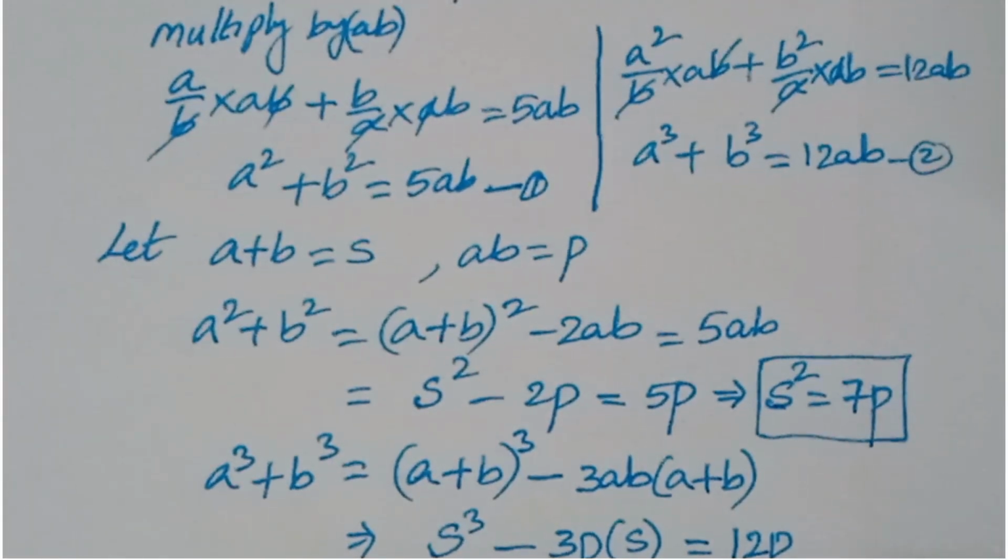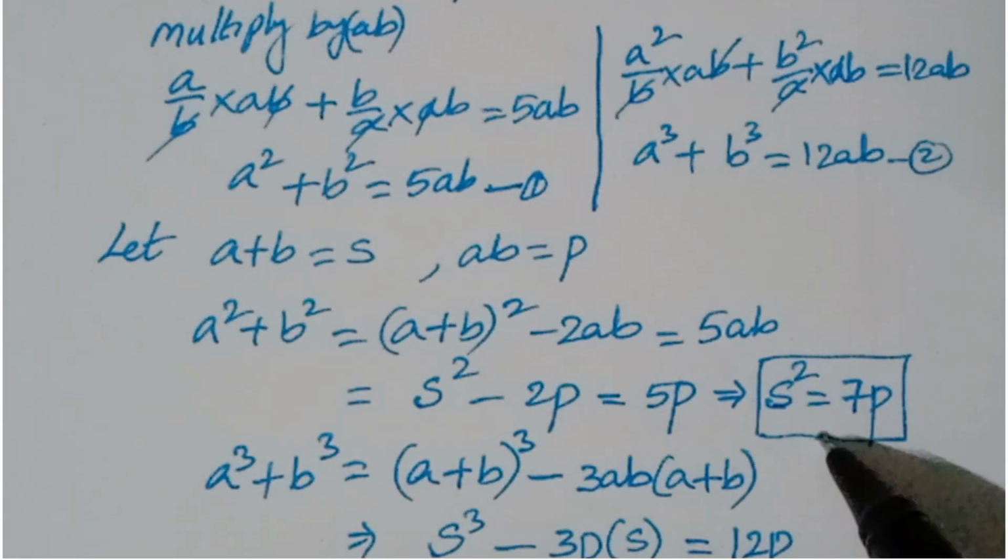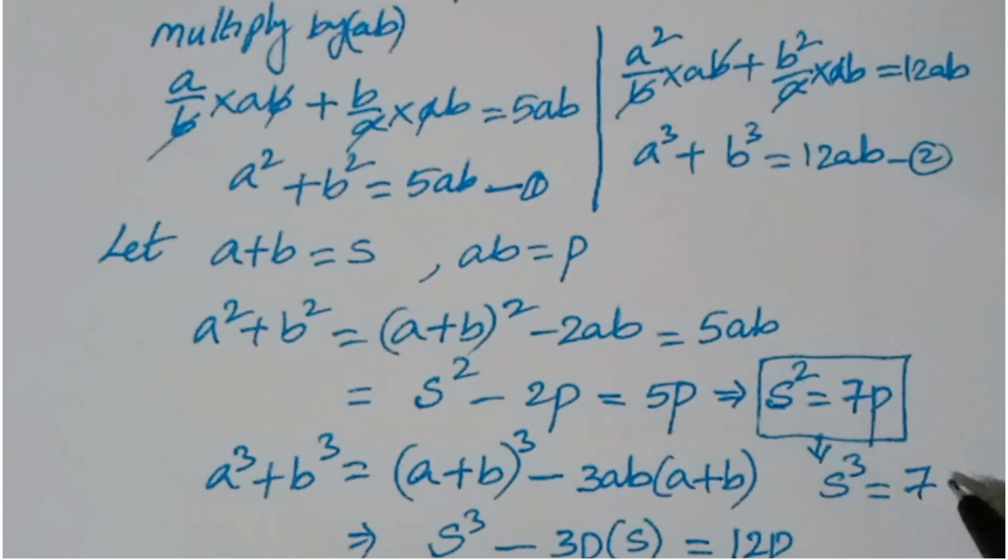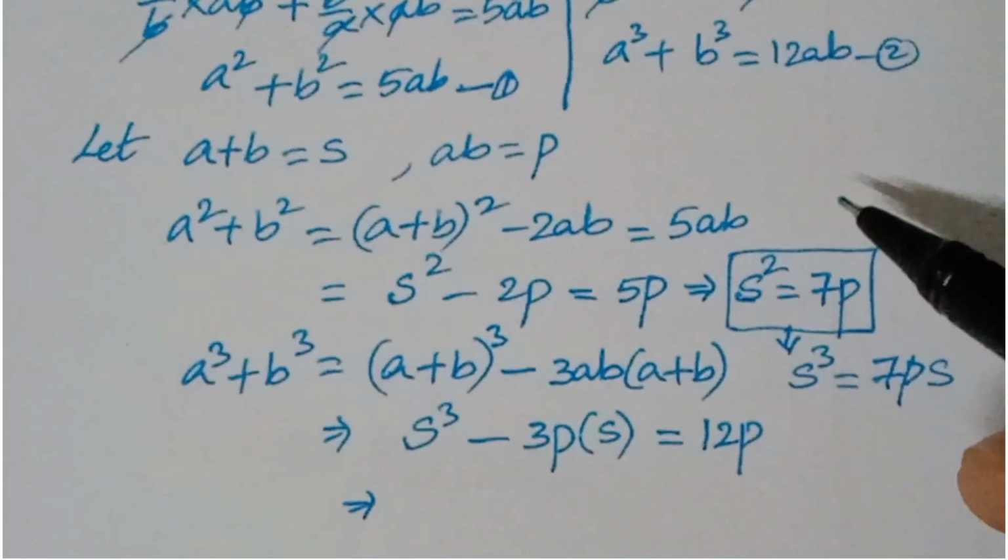From the first result, multiplying s on both sides, s cube is equal to 7ps.